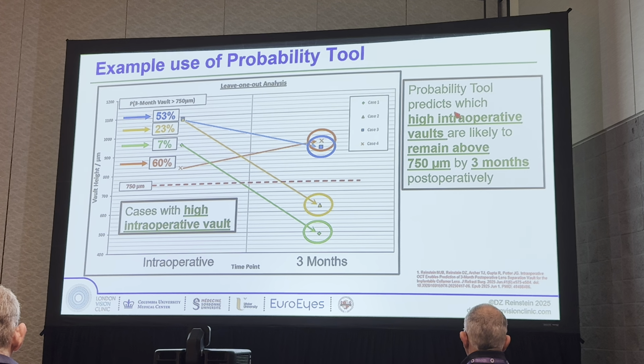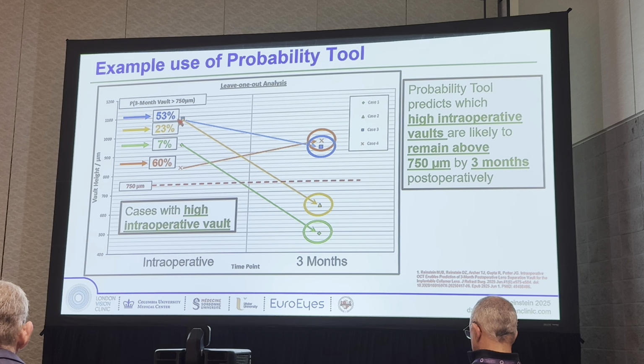So this probability tool can predict which cases are likely to stay above 750 microns, even if the intraoperative vaults are similar. So to summarize this slide, we're distinguishing the outliers which are safe or safer and are likely to come down, compared to the outliers which are more dangerous and are going to stay above the safe limits.